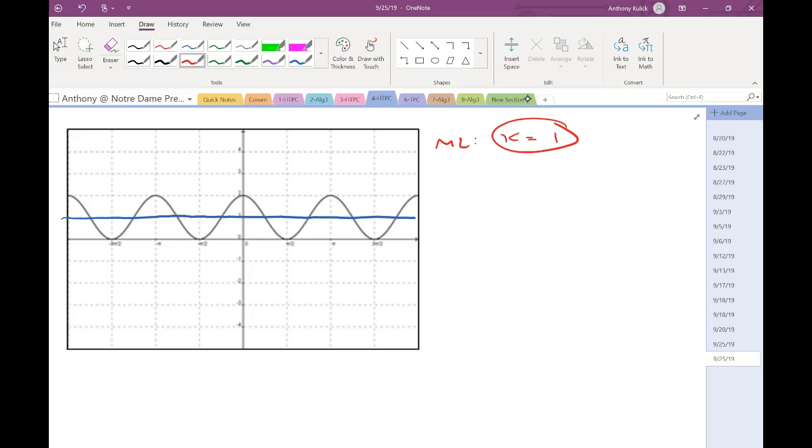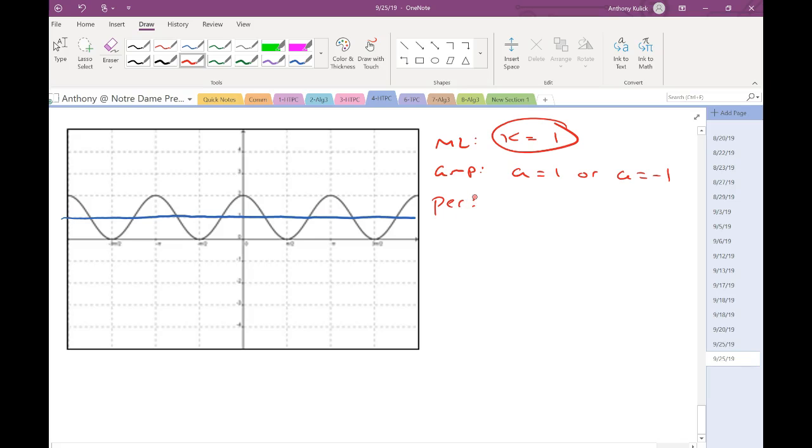Next thing I would find is the amplitude. What's the amplitude in this situation? It's 1. So that tells me that A is 1 or negative 1. Next thing I'm going to do is look at the period.